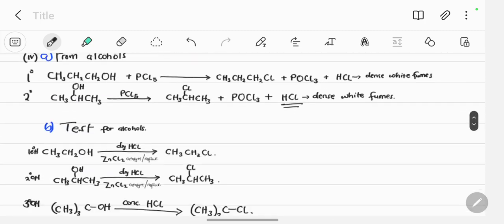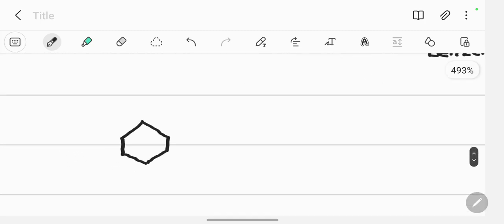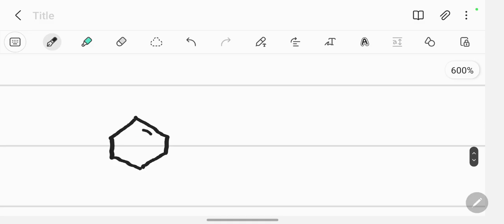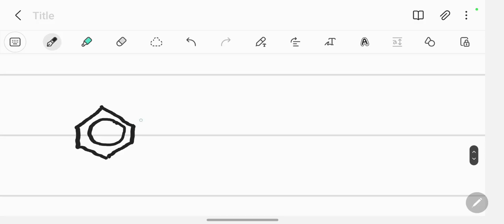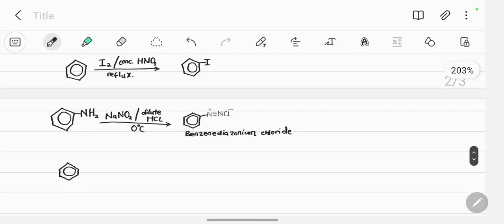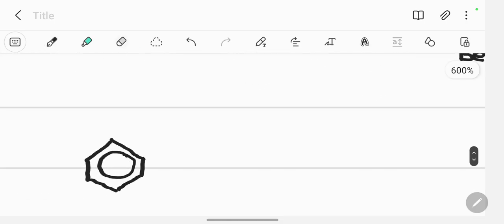So we are preparing aryl halides in this way. So if I'm having my benzene, let me try to do something bigger.